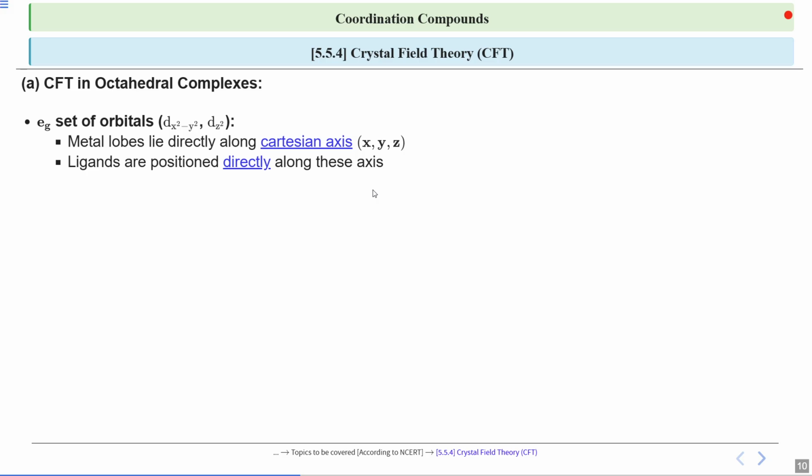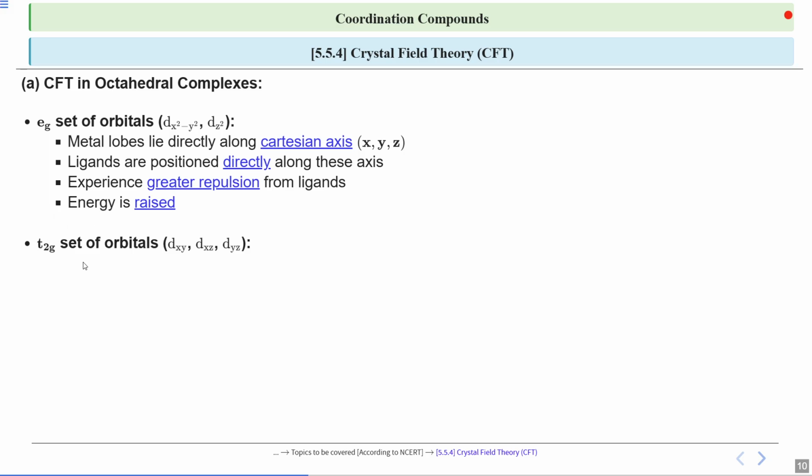Now what will happen when two lobes having negative charge or electrons are present directly along the same axis? Due to this positioning along the same axis, the metal lobes will experience greater repulsion from the ligand negative charge or electrons, because there is electron repulsion happening. Due to this greater repulsion, the energy is raised.